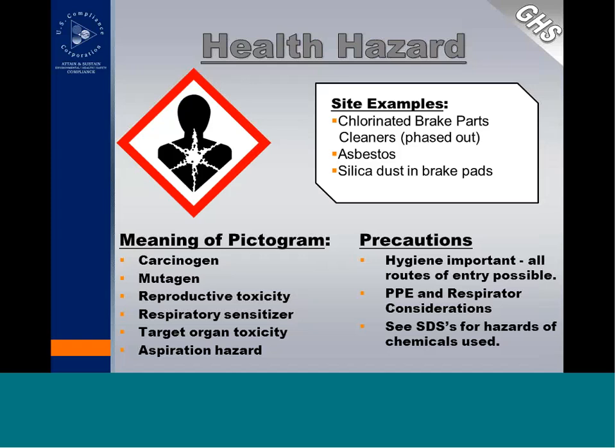Examples of materials that may have a health hazard designation include the old fluorinated brake parts cleaners, which some of your sites may still have sitting around, even though they're being phased out. Asbestos from older brake pads, and silica dust from newer brake pads.